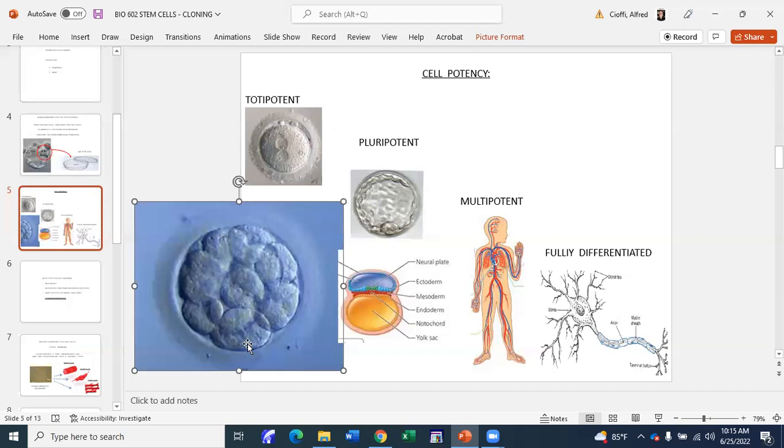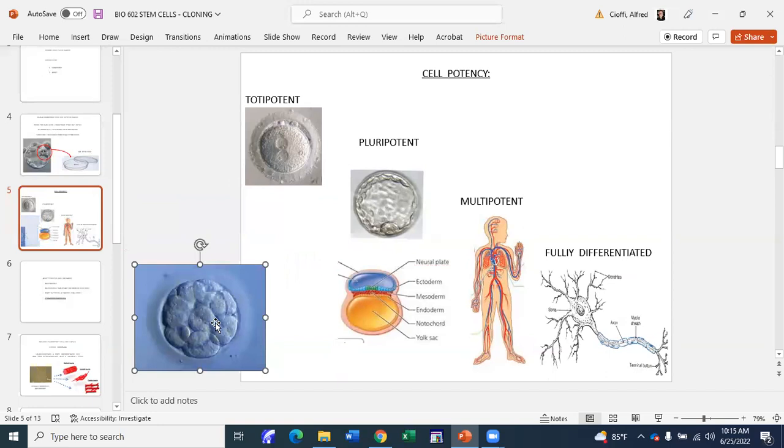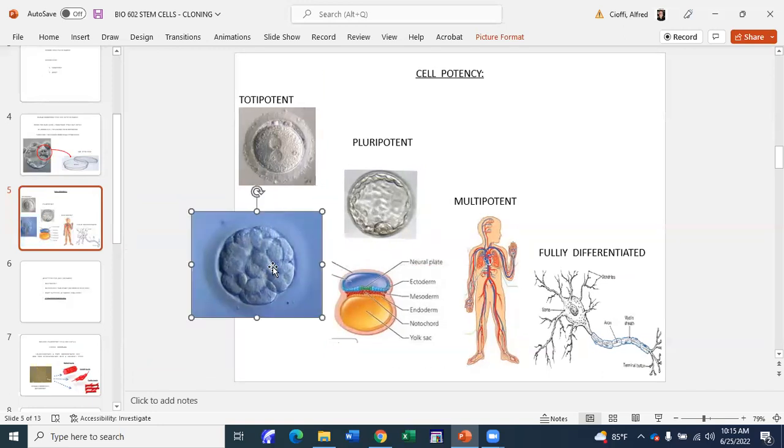Which could mean the killing of another human being. So you can see the ethical morass that we'll get into with that pre-implantation genetic diagnosis. All right, so anyway, for the purpose of this, pluripotent are zygote and morula.